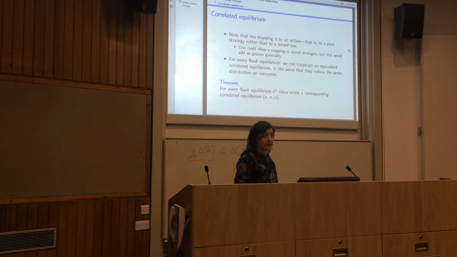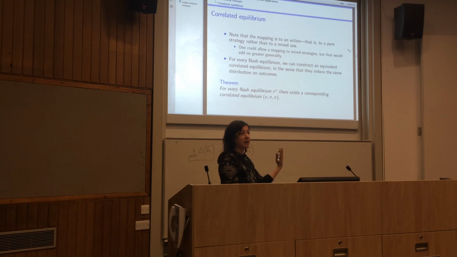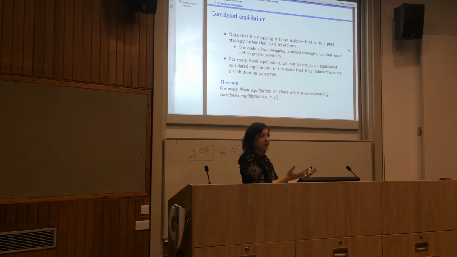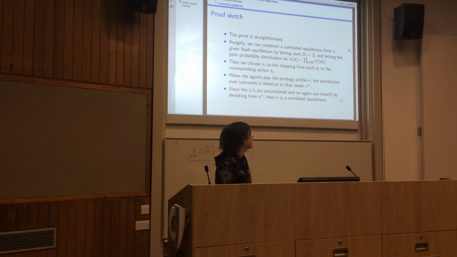How would we construct that? That's pretty intuitive, right? Given some mixed Nash equilibrium, we would look at the mixed strategies which are in the equilibrium, take their product, define that as the joint probability of the strategy profile, and this way we define the corresponding correlated strategy.